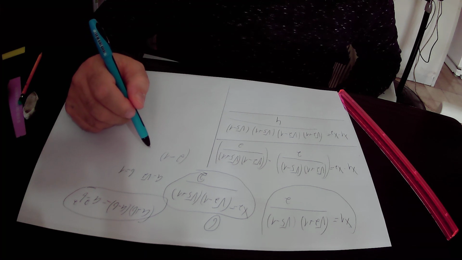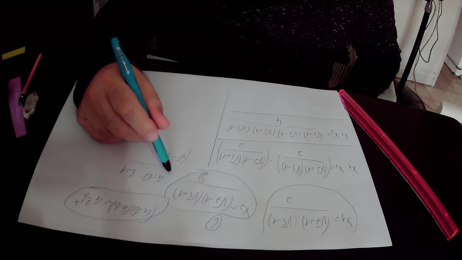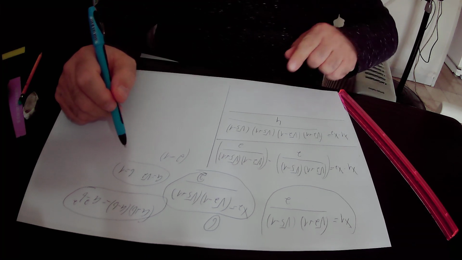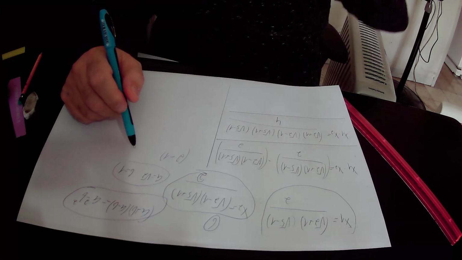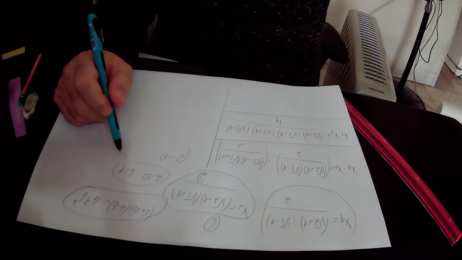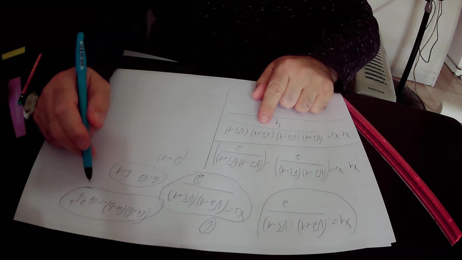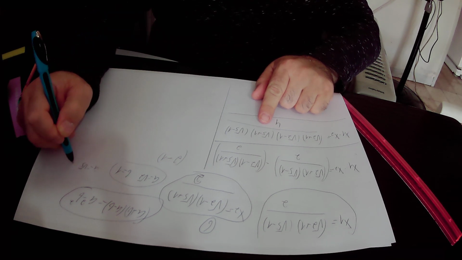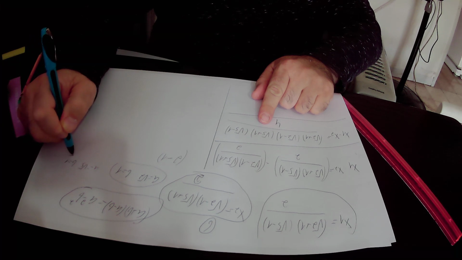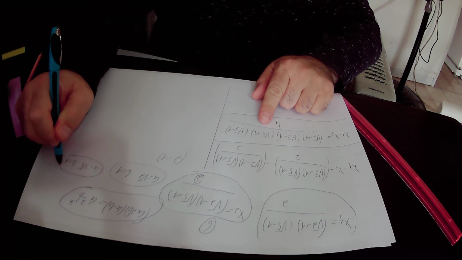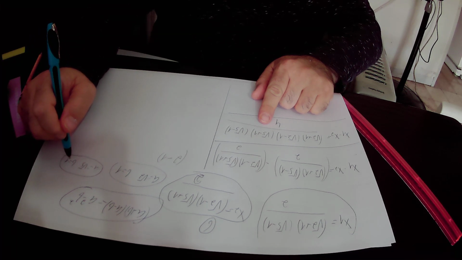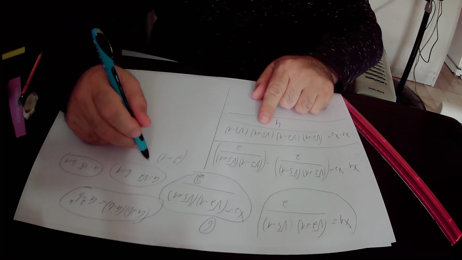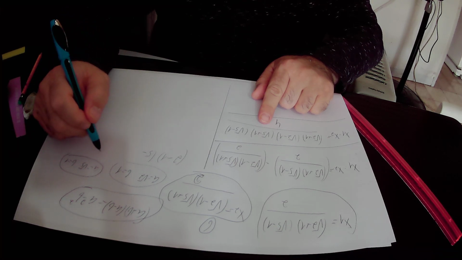And we also have to multiply square root of 5 plus 1 by square root of 5 minus 1. In this expression, a equals square root of 5 and b equals 1. So a squared will be equal to square root of 5 squared, which is 5, minus b squared.